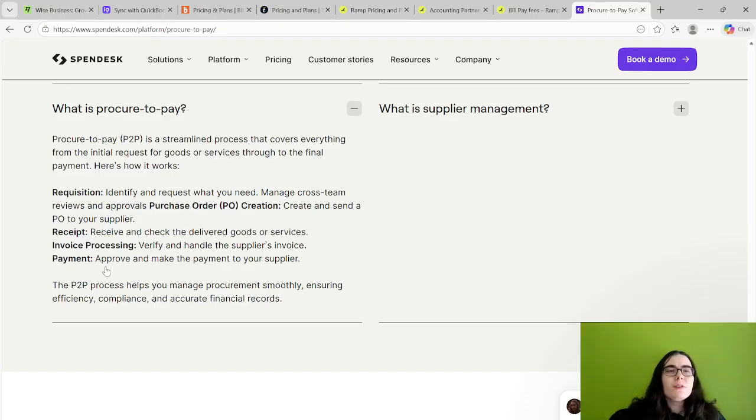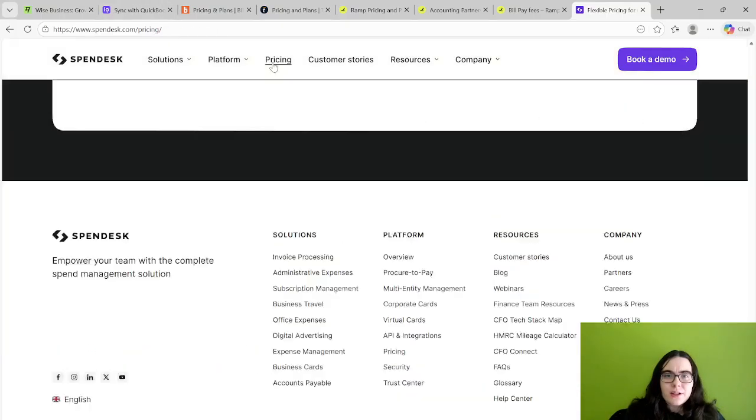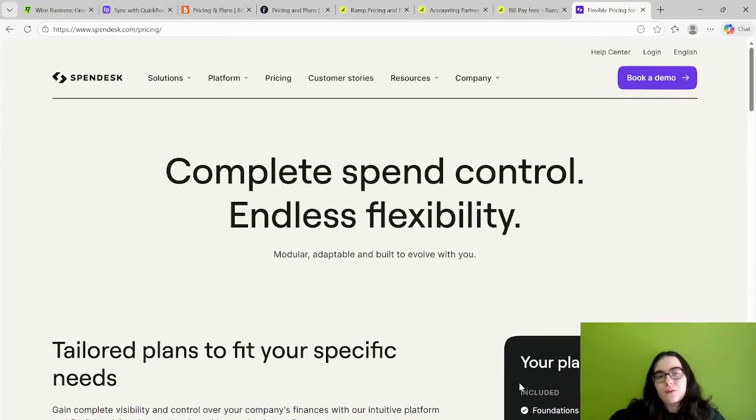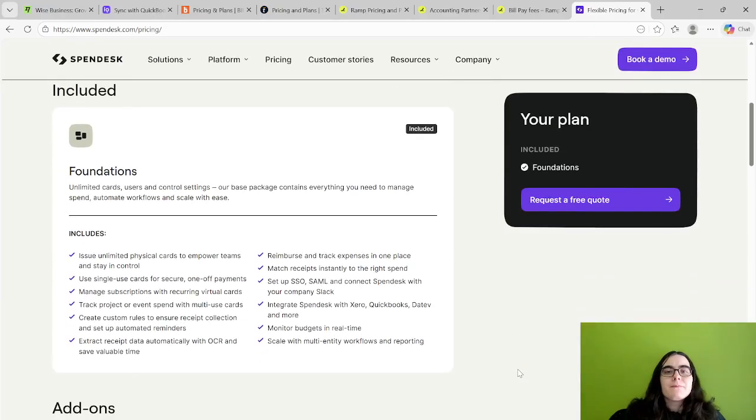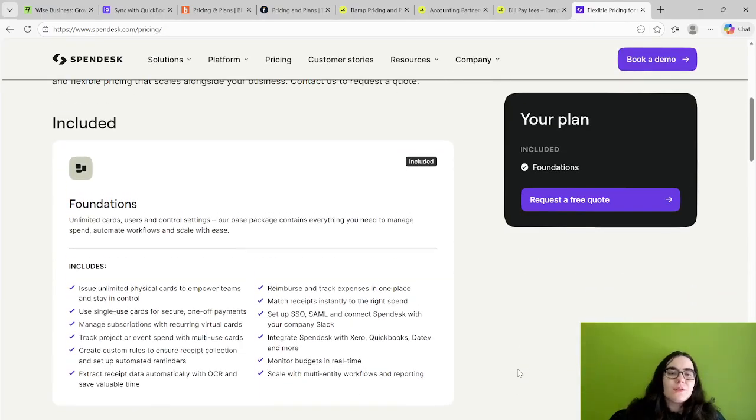So some of the drawbacks to Spendesk are that, like I said, it's AP only. You can't manage AR with it. The other thing is that their pricing isn't transparent on their site, though you can get a free quote, but that is kind of an issue. You can't just see up front how much you'll be spending.